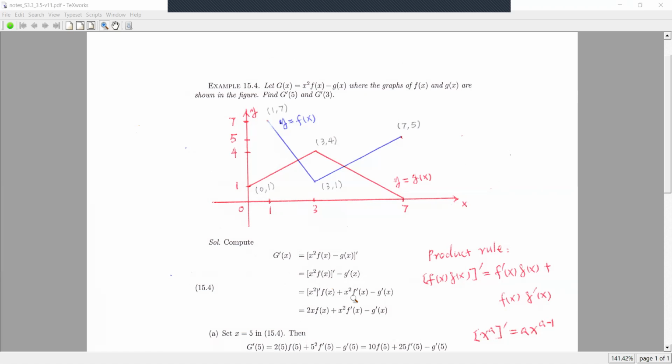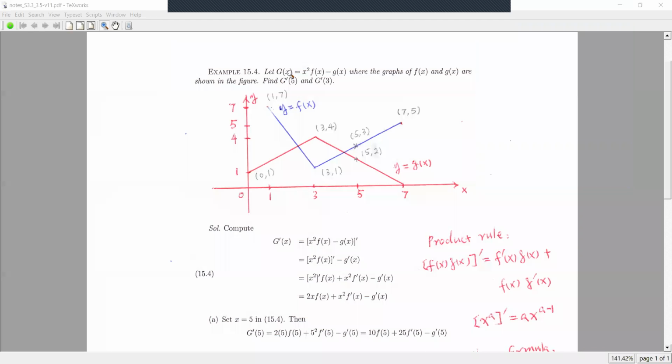Product rule. Then the derivative of x squared is 2x by this formula. So this is the derivative of B at a general point x.